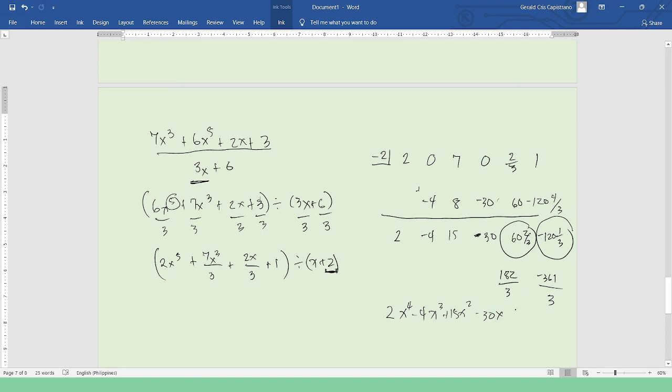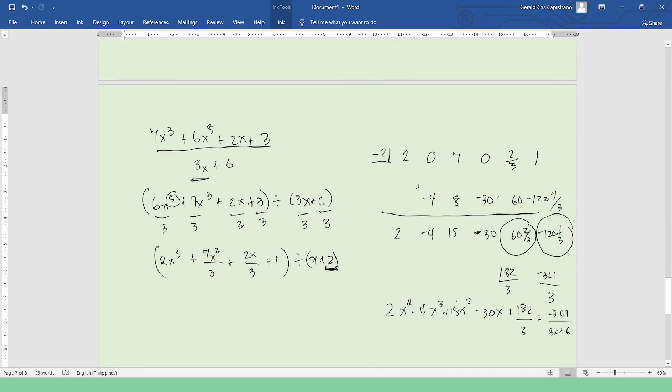X, then plus 180 over 3 plus yung ginawa natin kanina. So, this will be 361 over yung balik na lang natin. So, we have 3x plus 6. Okay? So, that will be your final answer. At kung yan ay gagawin nyo sa long division, siguro matagal-tagal nyo matatapos. Kasi sobrang haba ng gagawin dyan.